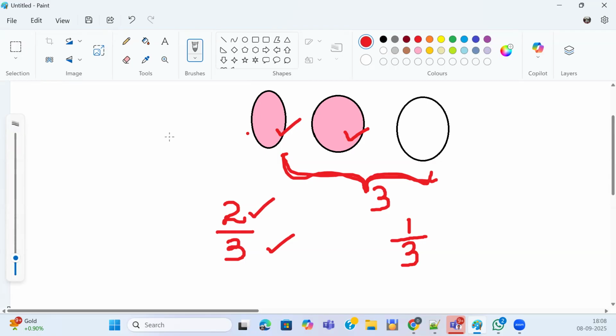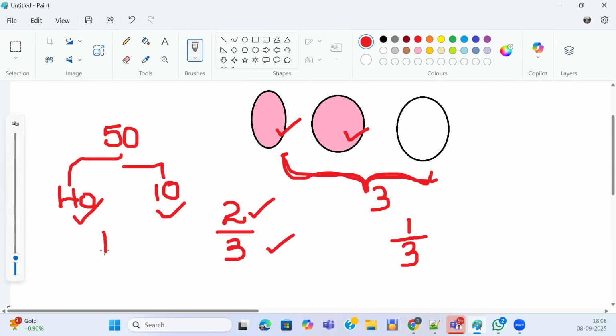Say, for example, in a class out of 50 members, 40 passed and 10 failed. Again, here also we can talk about pass to fail. Pass is 40, and with respect to fail there are 10.